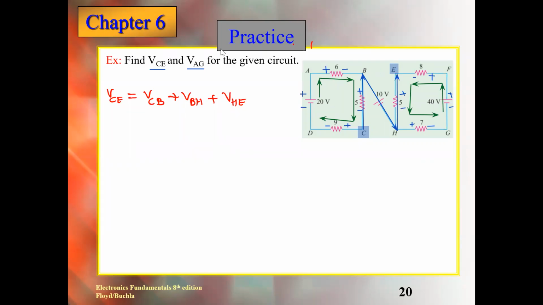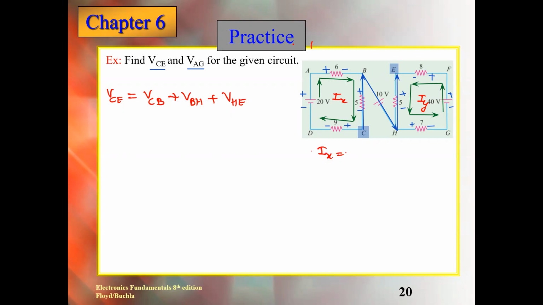Now, you need to apply Kirchhoff's law here. So how can we calculate the current? For example, if I say the current is IX and here is current IY, I want to calculate IX. You can apply KVL, Kirchhoff's voltage law.